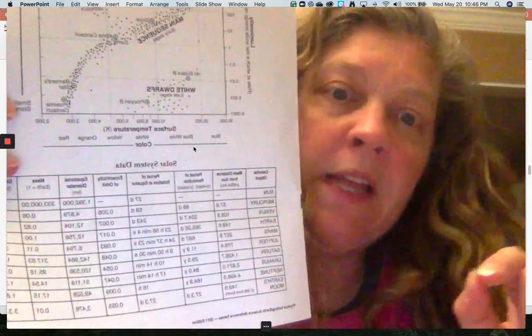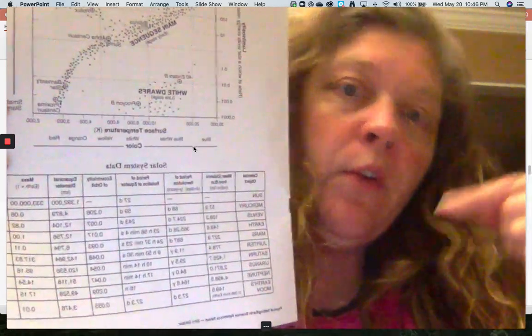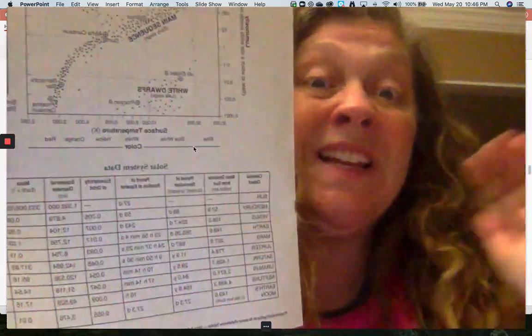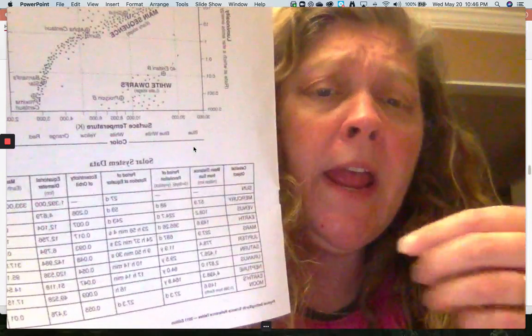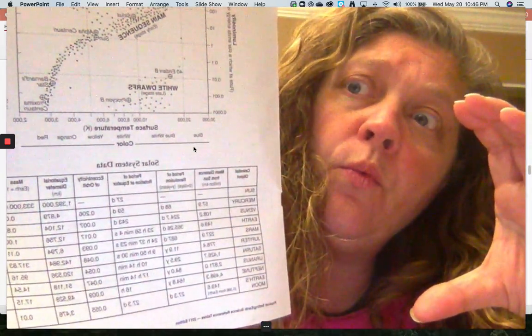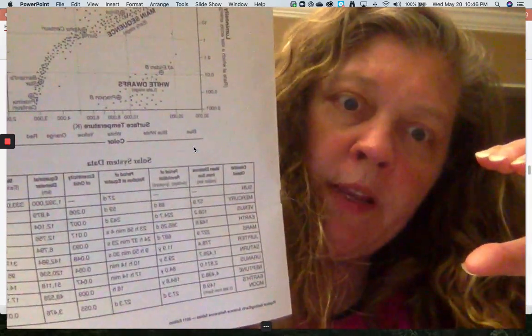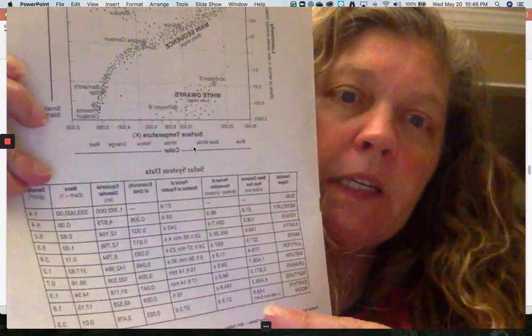But none of the planets have a perfectly circular orbit. They're a different geometric shape called an ellipse. And the measure of how elliptical their orbit is called the eccentricity.